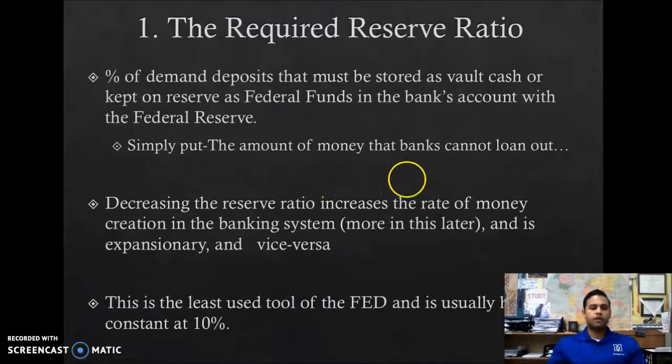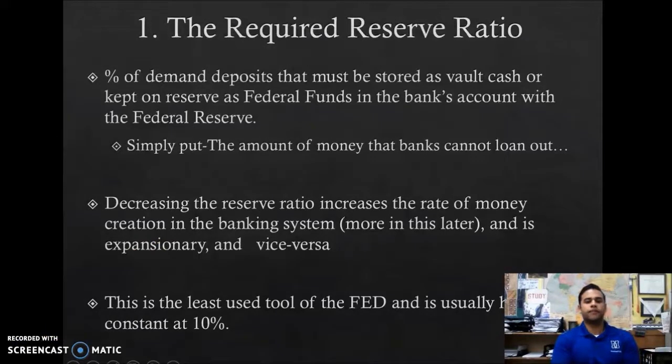So, simply put, the amount of money that banks cannot loan out. We're going to get into why this is actually a countercyclical policy. Now thinking about how the required reserve ratio and the ability of the Fed to set what that percentage is, how is that a monetary policy?